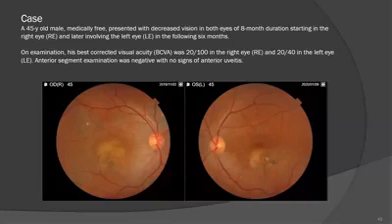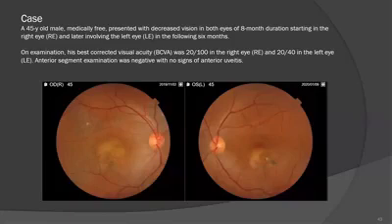Now, the best corrected vision in the right eye was 20/100, while in the left eye was 20/40. The anterior segment examination was negative, no signs of anterior uveitis. The posterior segment examination showed no vitritis. In the fundus, you can see the bilateral subfoveal yellowish lesions with some RPE changes.